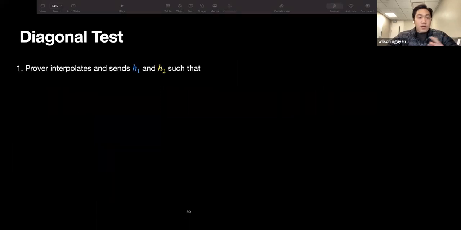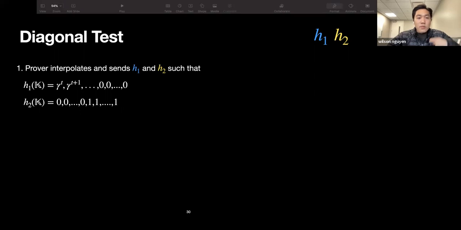So then in summary, the test to check whether the encoding of C as row, column, and value polynomials is indeed a diagonal matrix consists of the prover interpolating and sending two polynomials, h1 and h2, such that their evaluations are the geometric sequences that we saw earlier.